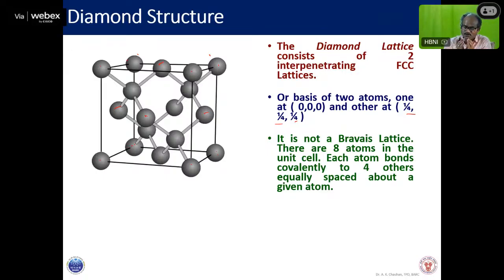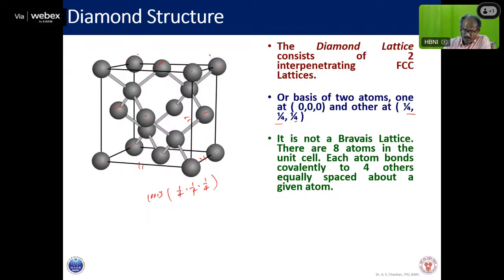Basis means the unit which we are repeating at each lattice point, which is one atom at 0, 0, 0, and another atom at 1 by 4, 1 by 4, 1 by 4. When I say 1 by 4, it is in terms of the lattice parameter, which is A for simple cubic, because A, B, and C are all the same size.